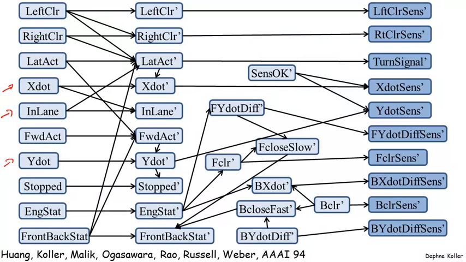There are contextual variables, such as left clear and right clear. The engine status, for example, as well as what the driver is currently doing, for example, the forward action and the lateral action.